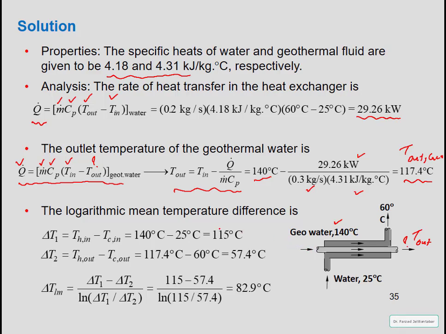Okay, in the next step we use the logarithmic mean temperature difference.